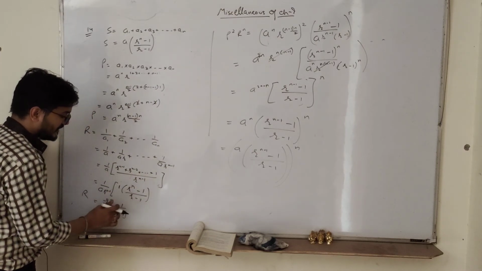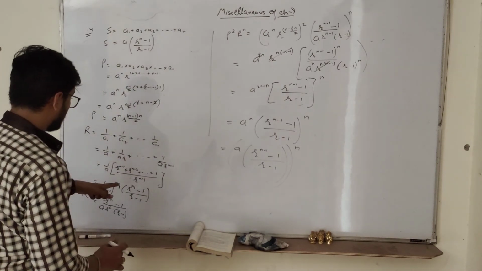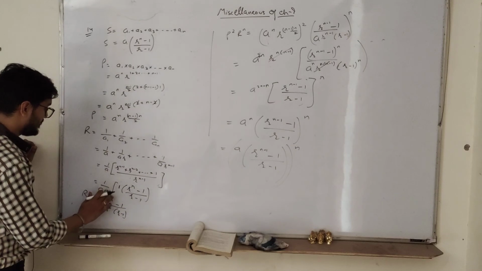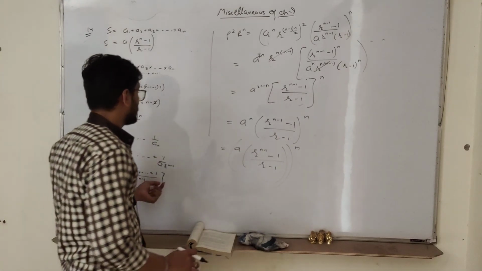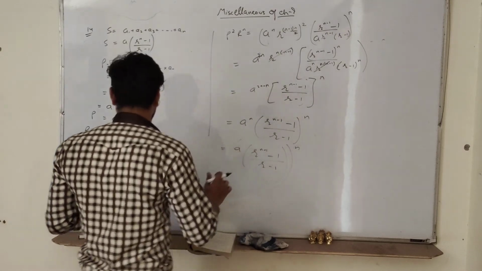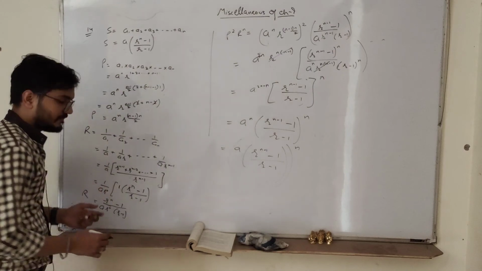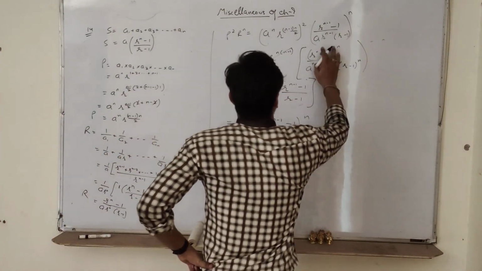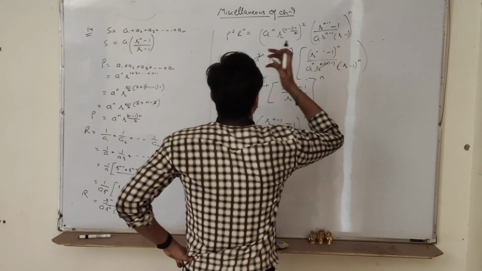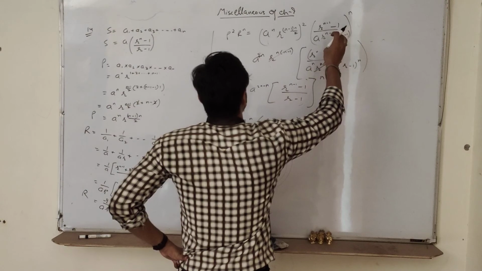So change the values everywhere, total number of terms is n, right. So total number of terms, okay, A we have taken out, R n, right. So total number of terms will be n, and Rn.